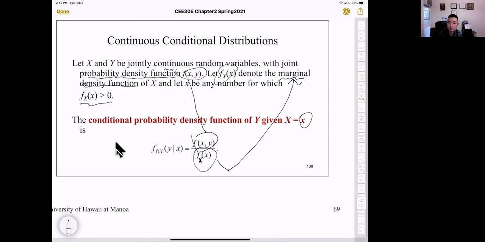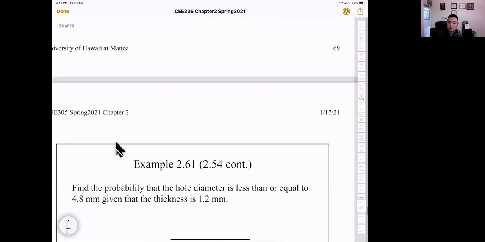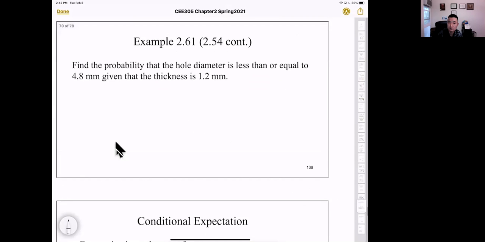I'm going to show you what that means in a moment when we go back to the previous example, and you will have an idea what this really means physically. All right, so just continue.